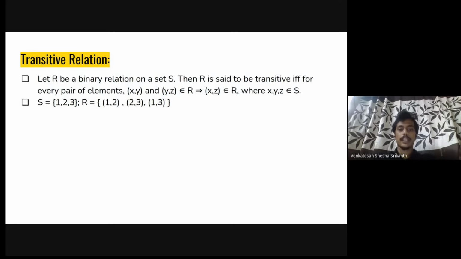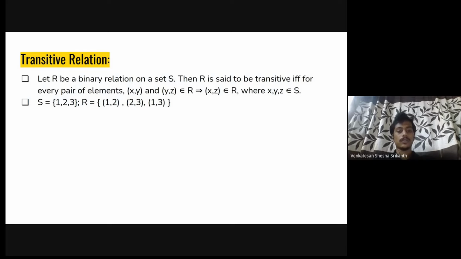Let R be a binary relation on a set S, then R is said to be transitive if and only if for every pair of elements (x, y) and (y, z) belonging to R, it implies that (x, z) also belongs to R, where x, y, z belong to S.